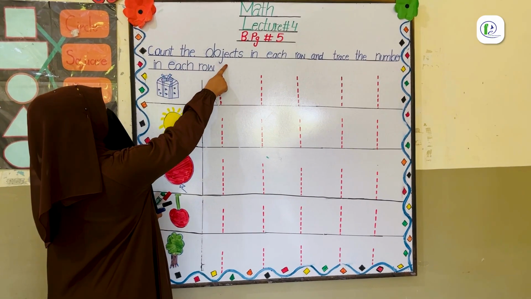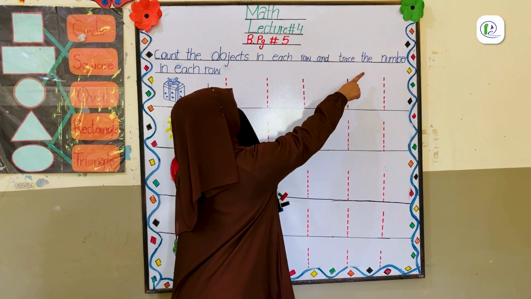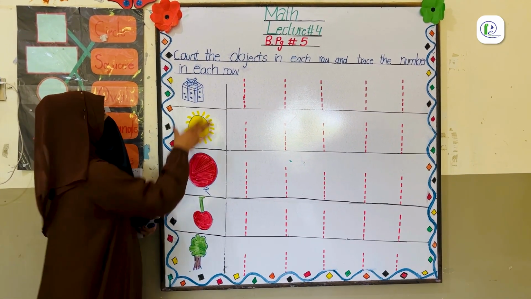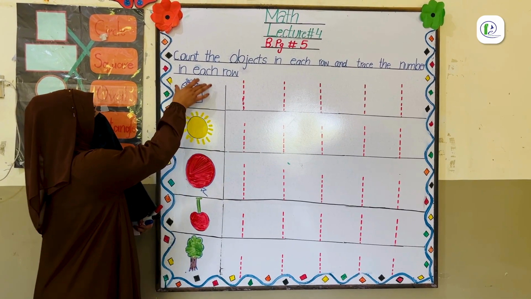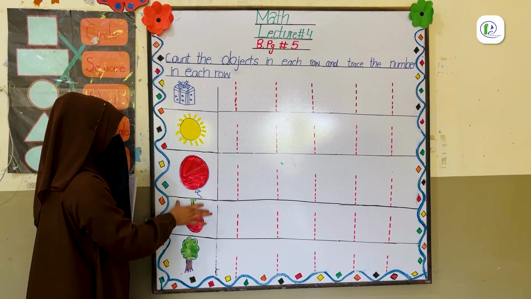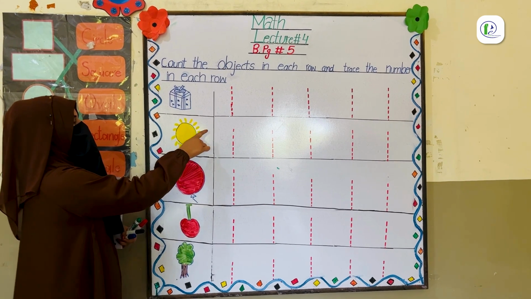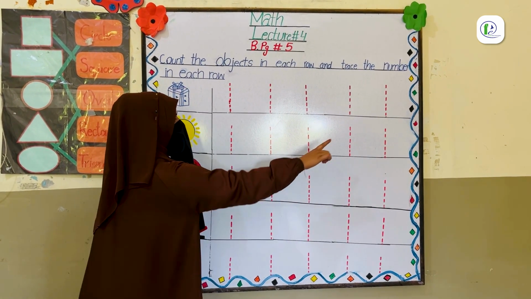Count the objects in each row and trace the number in each row. आप लोगों ने ऑब्जेक्ट को काउंट करना है. How many objects are present in each box and write that number in each row.